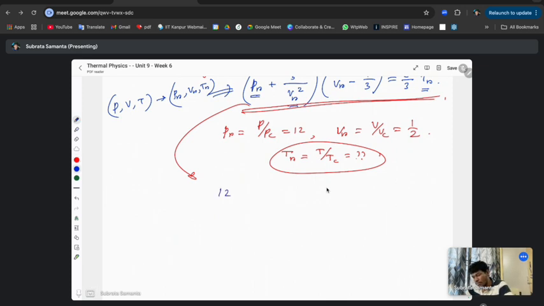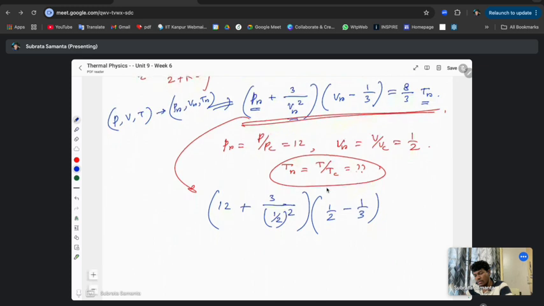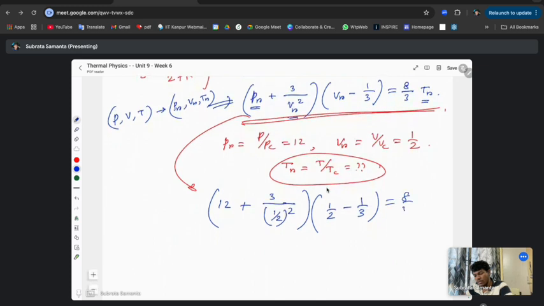So 12 plus 3 over 0.5 squared, or basically 1 over 2 squared, times 1 over 2 minus 1 over 3, equals 8 over 3 times TR.